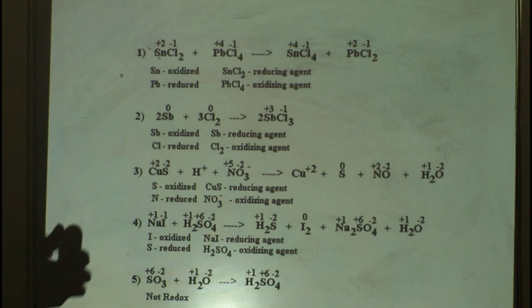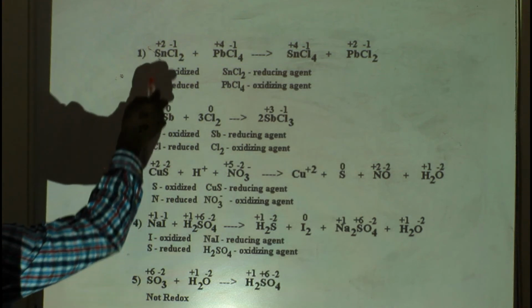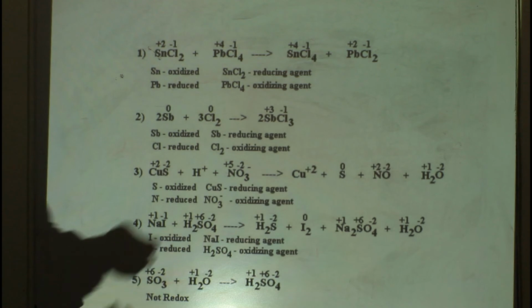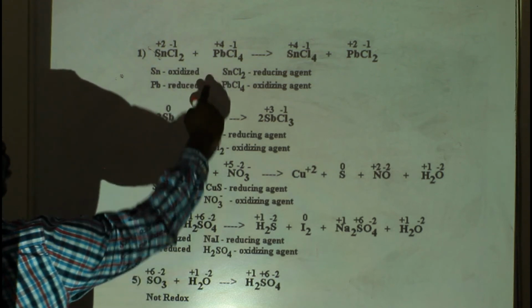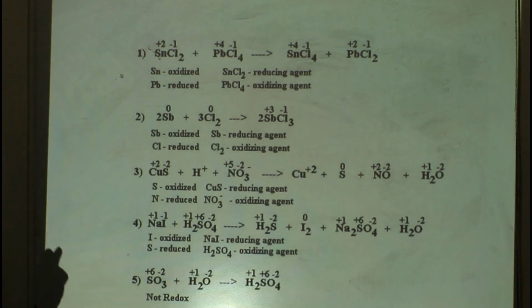So there has been a reduction. So in effect, we say that this was oxidized. So what caused the oxidation? It is the lead tetrachloride that caused this to oxidize. So the lead tetrachloride becomes the oxidizing agent.